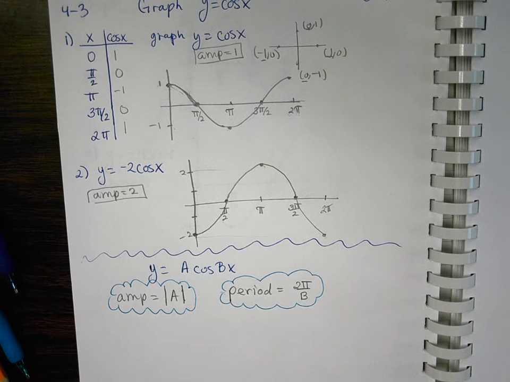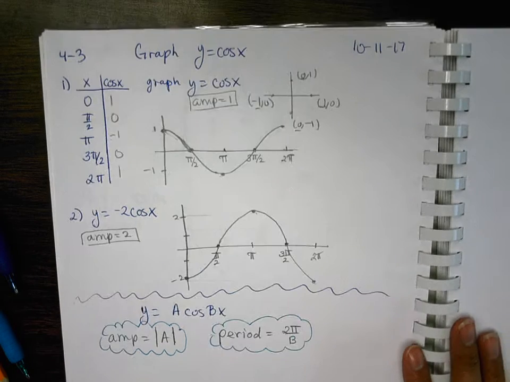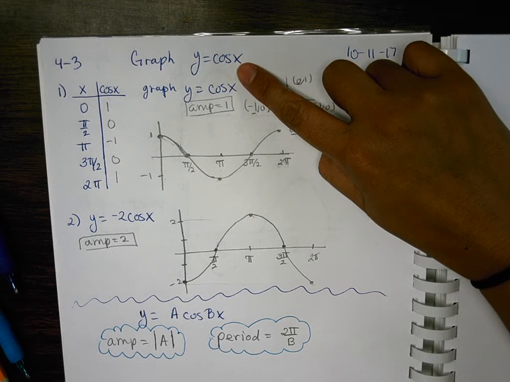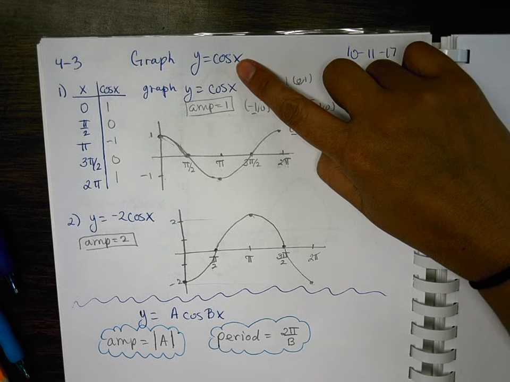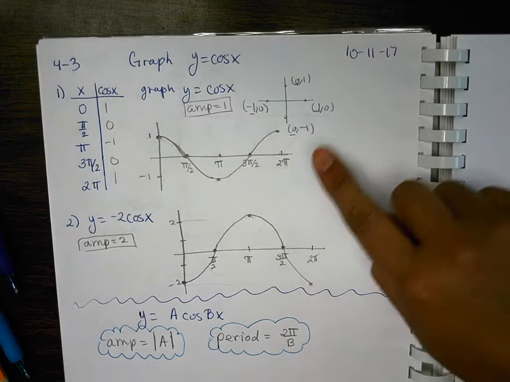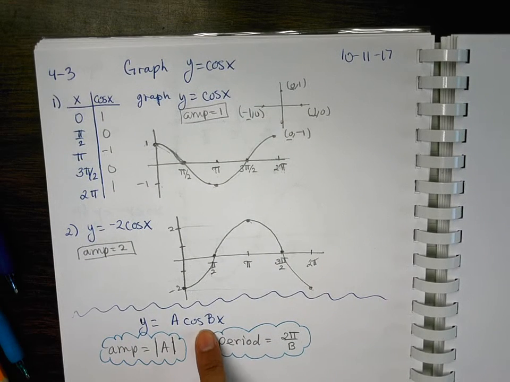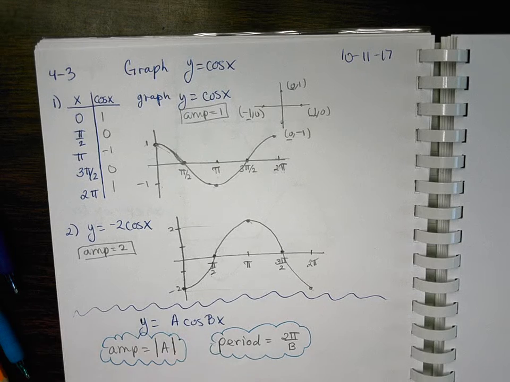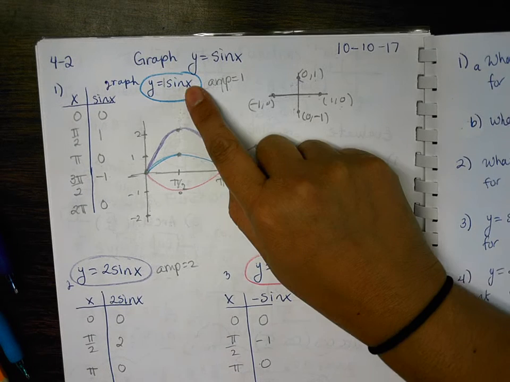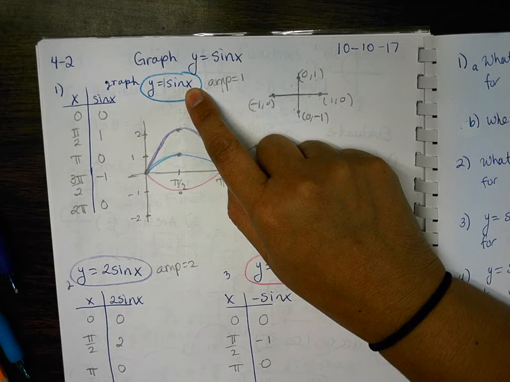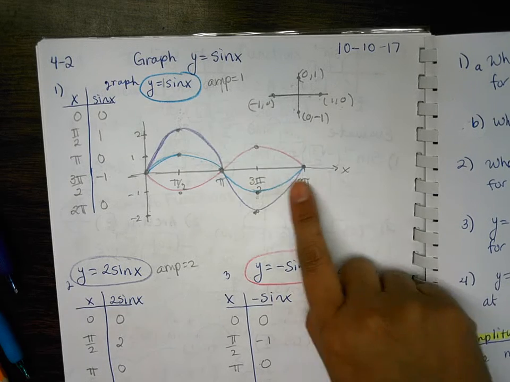Now, let's take a look at the ones we've been doing. What is the coefficient of x right here on this problem? 1. Do you see that? And what's 2 pi over 1? So that's why this period was 2 pi. And I put cosine here, but the same is true for the sine function. So here, what's the coefficient of x? 1, and 2 pi over 1 is 2 pi.